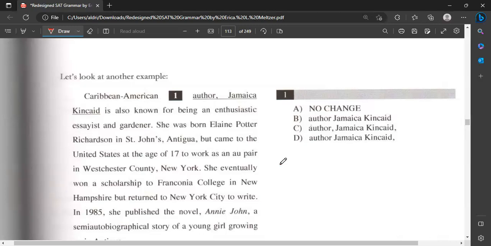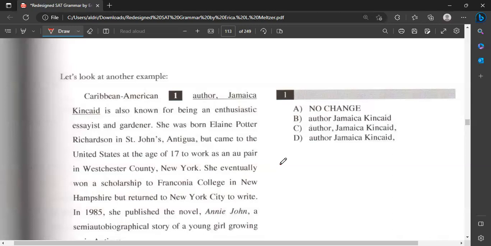So I believe the answer is B. Okay, we have a B. Good. Let's see, what else do we have? Anyone else? Choice C, sir. Okay, we have a C. Anyone else?